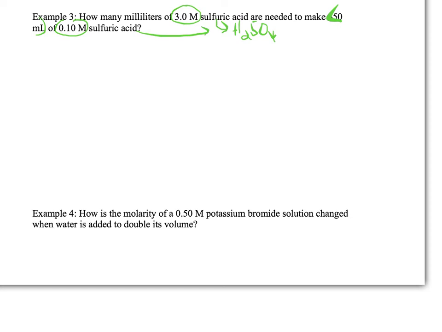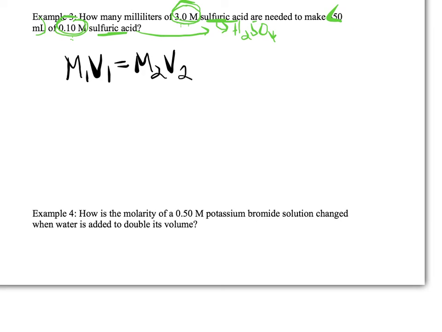So my warning bell to figure this out should be, oh, I have two different concentrations but of the same compound. And I'm changing the concentration. I'm diluting it. I'm decreasing it. It's going from 3 down to 0.1. So a dilution formula, M1V1 equals M2V2.